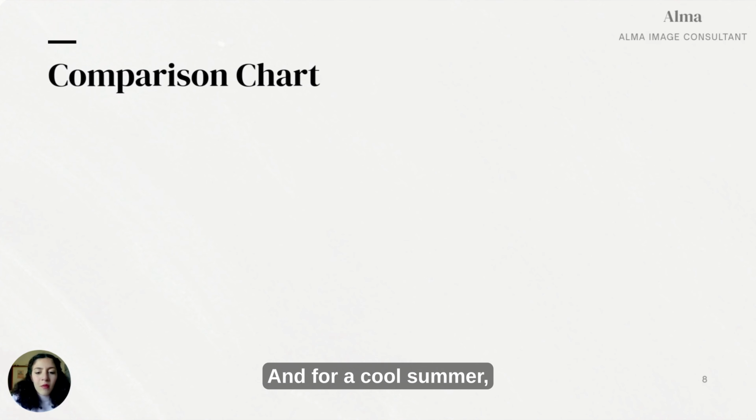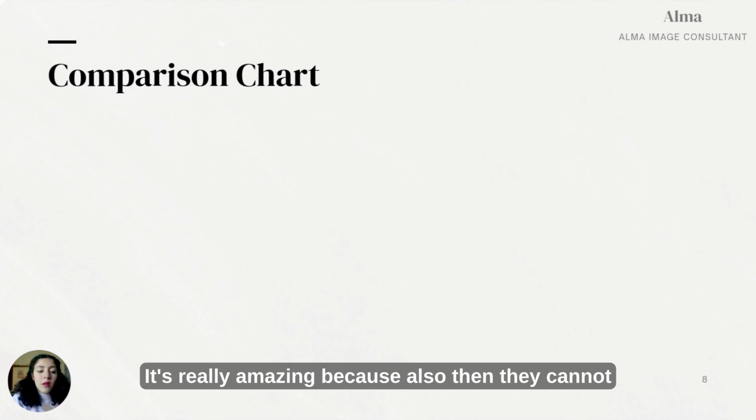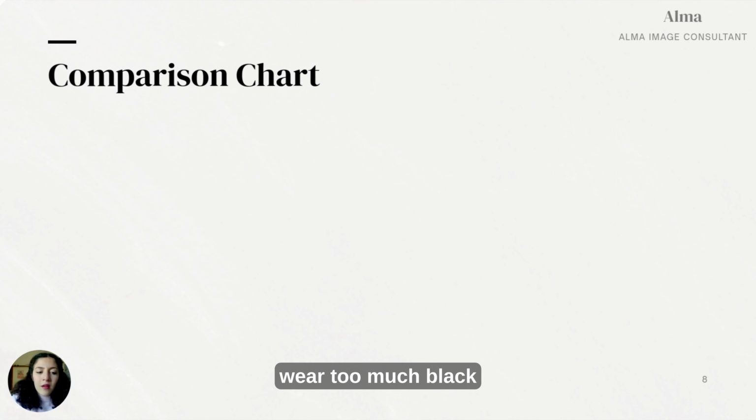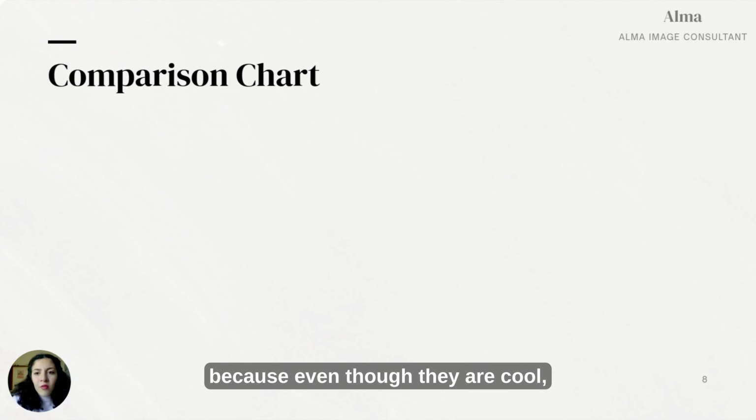And for a cool summer, I would suggest slate and pearl gray. They cannot wear too much black, because even though they are cool, they are summer. Black is really for when you have a gothic style or something like that.